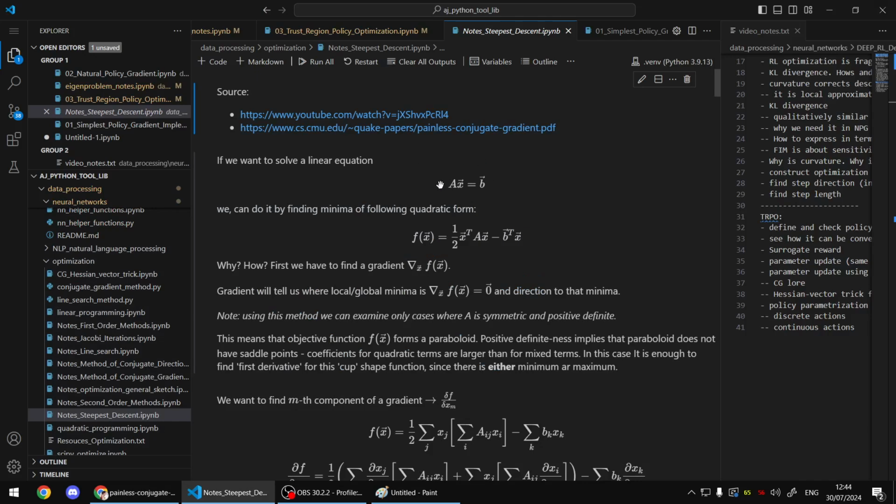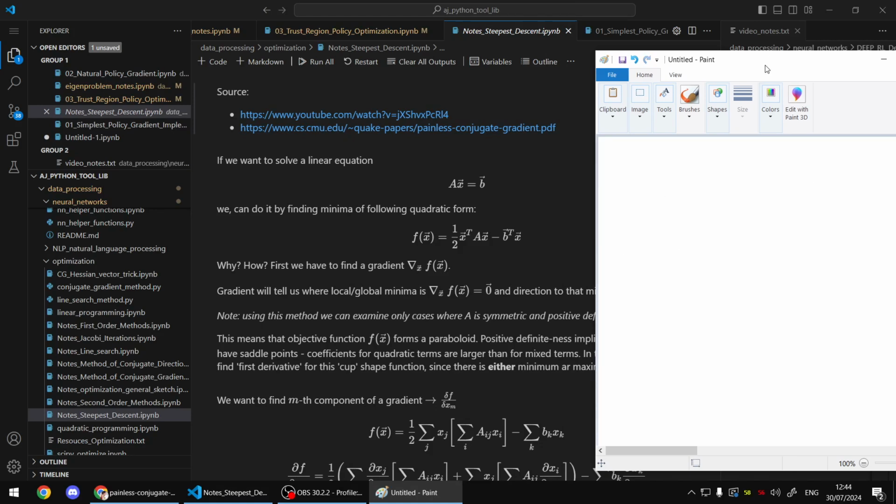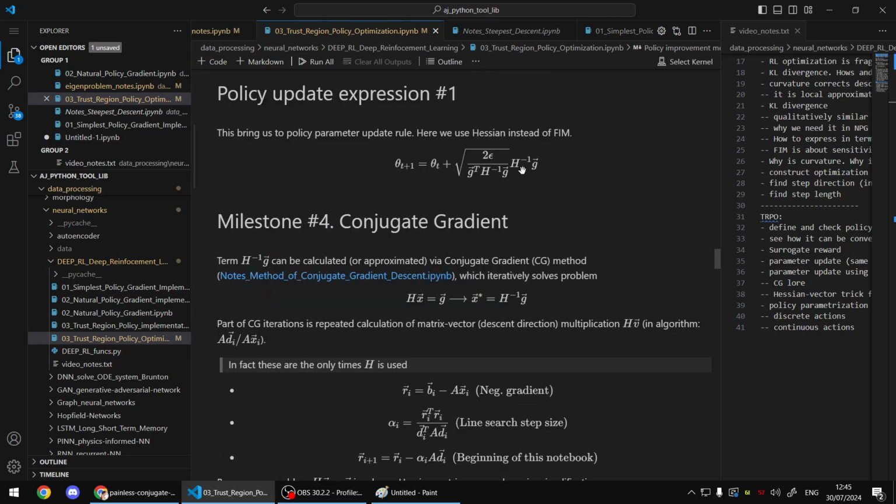So if our initial goal is to solve basically the problem Ax = b, that means we have to find some kind of solution x*, which is A^-1 times b. And actually that's exactly what we want to do in our case.